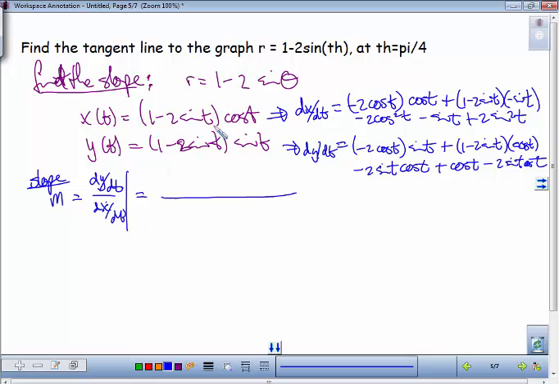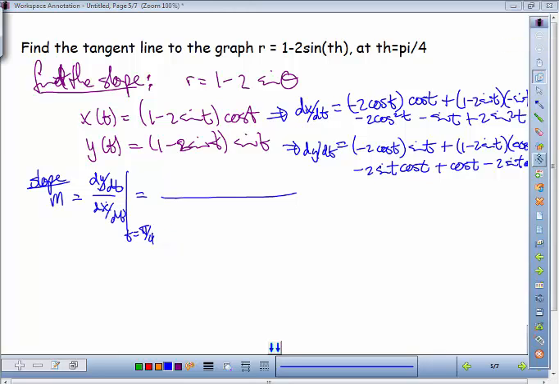And then we want to evaluate this when theta is equal to pi over 4. I don't know if it'll help putting in pi over 4 now or later. Yeah, let's put it in now. I need to squeeze in some room over here.